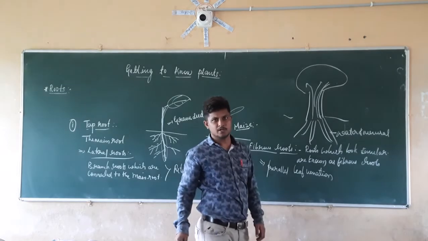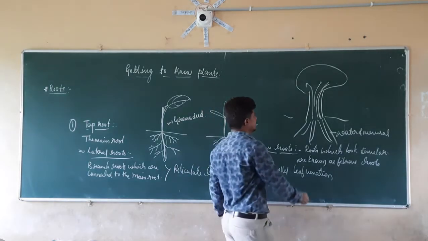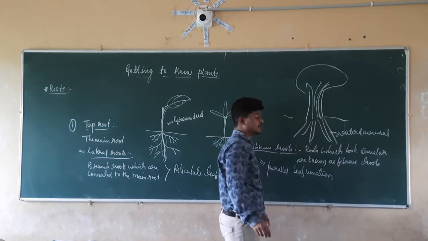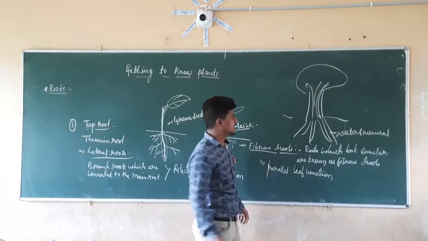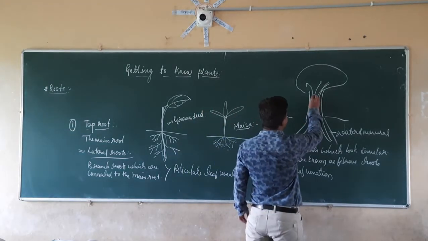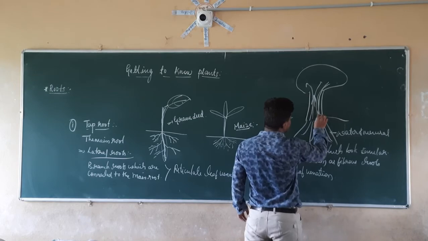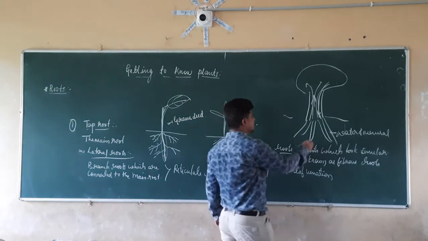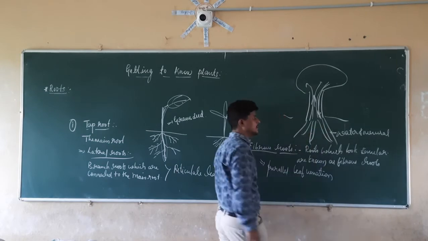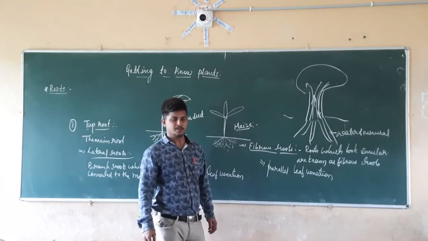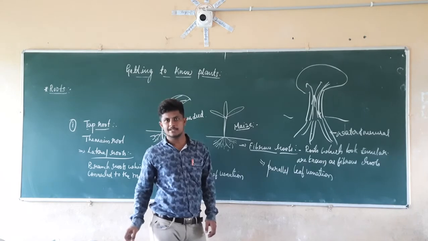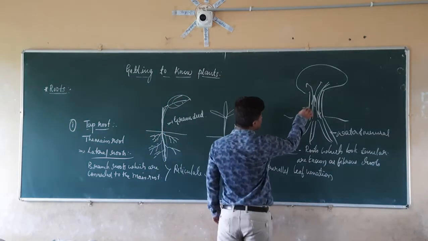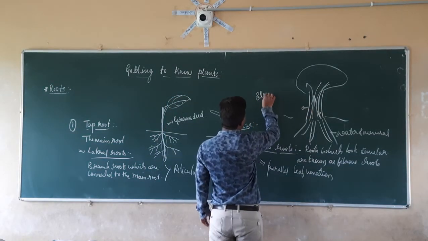See here, one thing is going in the upward direction, another thing is coming in the downward direction. Which one is helping in the transport of the water and minerals, and which one is helping in the transport of the food to the roots? That is nothing but the stem.